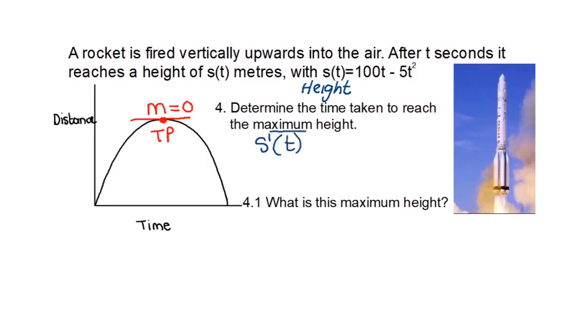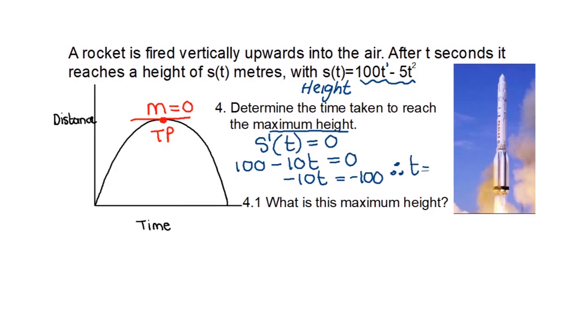So for maximum height, it will be where the derivative is equal to 0. What is the derivative of the distance formula? Well, it's 100 t to the power 0 minus 10t, and that must then be equal to 0. In other words, the negative 10t is negative 100, which means t will be 10 seconds.